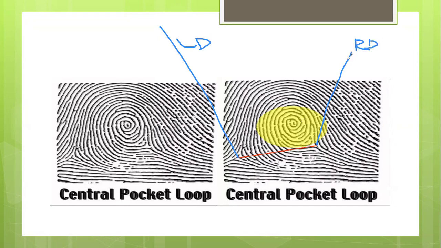Drawing an imaginary line between the two deltas touches no recurving ridge that qualifies it as a loop. Is there a circuiting ridge? Of course. This is the pattern area. Does it touch any looping ridges within the pattern area? No. Clear? Okay. Let's proceed.